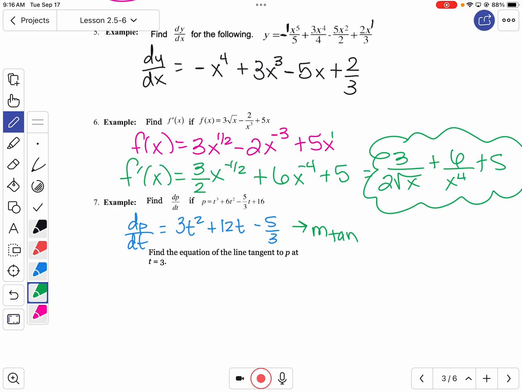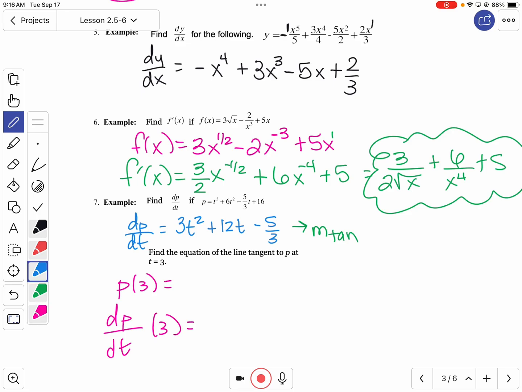Well, now I have a formula for the point and I have a formula for the slope. What t value do they want me to consider? 3, okay? So we're going to do two things. We're going to do p at 3, so we get our ordered pair, and we're going to do dp dt at 3, so that we can get those two values that we need, all right?